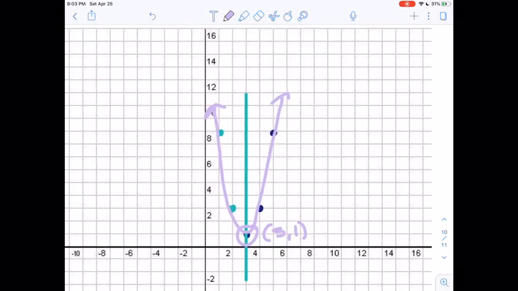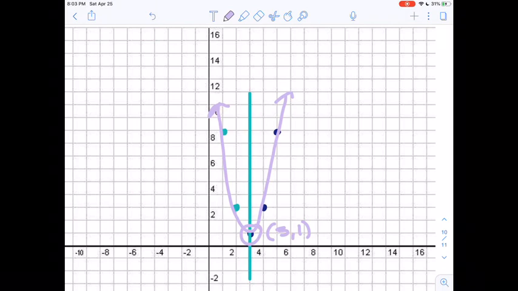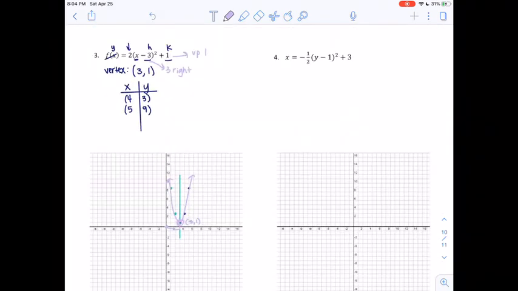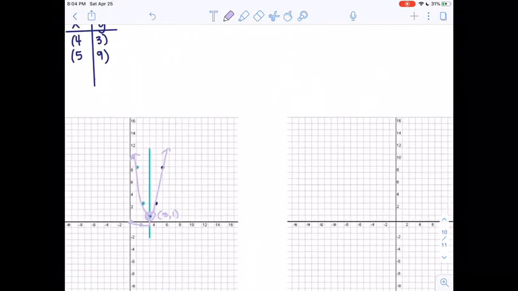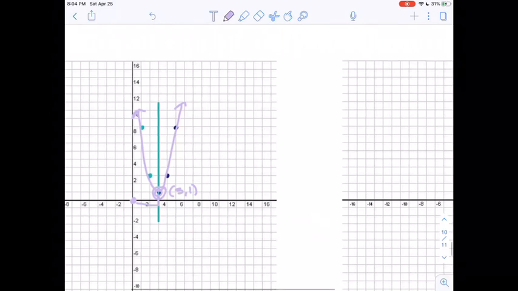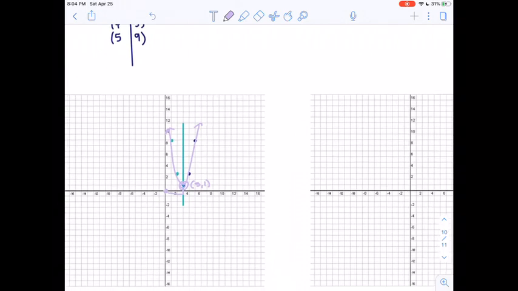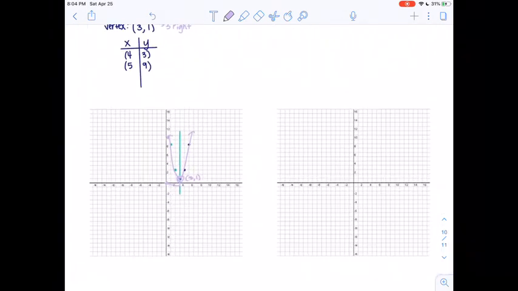So if I had my original graph, my vertex would have been here, and I'm shifting it 3 to the right and then up 1, there's your new vertex. Okay, so that's how you could use knowing information about your shifts to adjust your graph. So if you know your base graph, you could easily just shift it. Or if you need just a quick sketch, just know that the way that your graph is going to be transforming is a good skill to have as well.